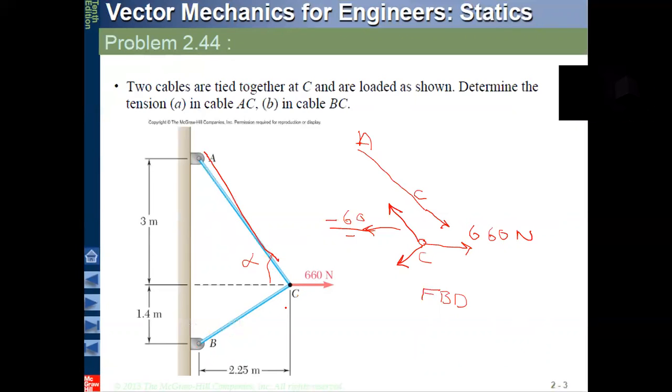This is the same for BC. It doesn't matter in a free body diagram how you draw the forces. The arrow could be pointing towards C.